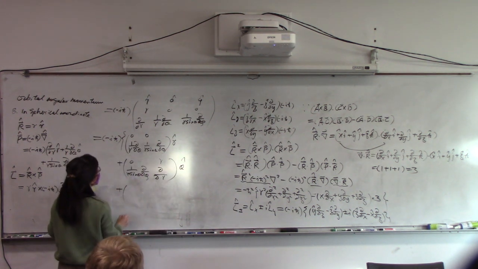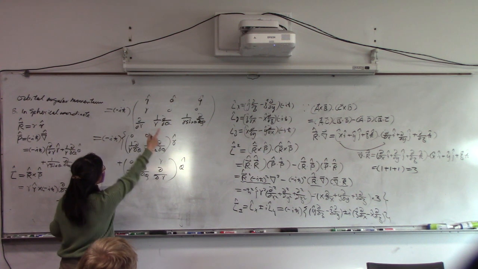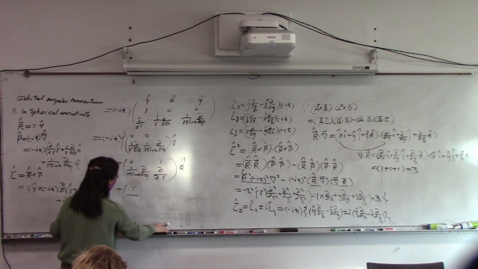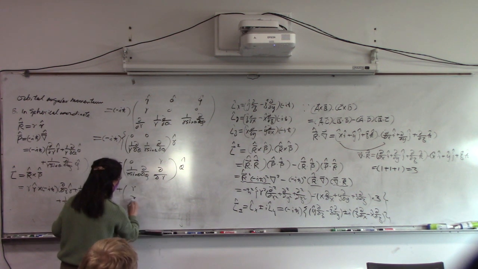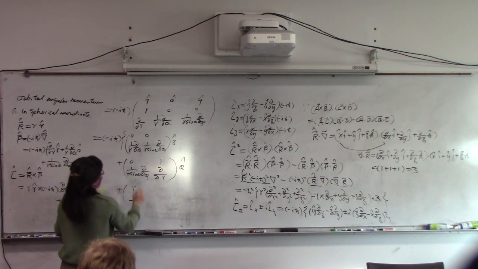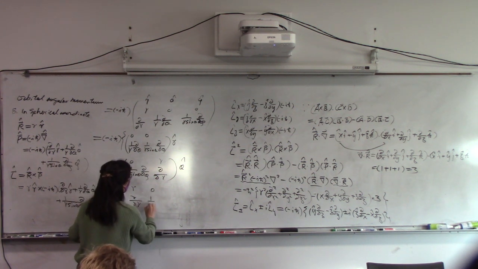And the last one is for phi hat, taking off this factor, that is r partial r, 0, r.